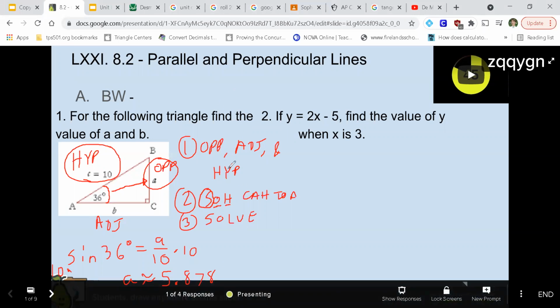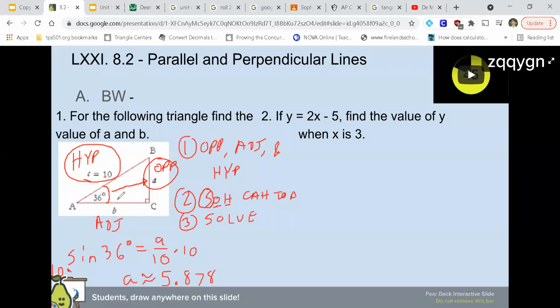All right, now that you know what A is, to find B, you have two choices. I know two sides of the right triangle, so I can find the third by just doing the Pythagorean theorem. A squared plus B squared equals C squared. Or I think it's actually probably easier to just do trig. We're already set up for it. This time I'm doing the adjacent side and the hypotenuse.